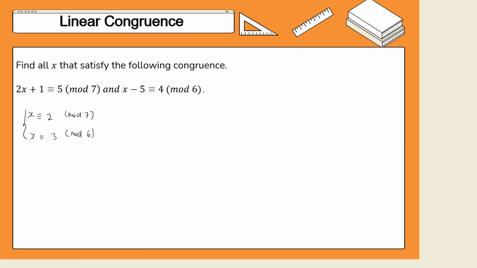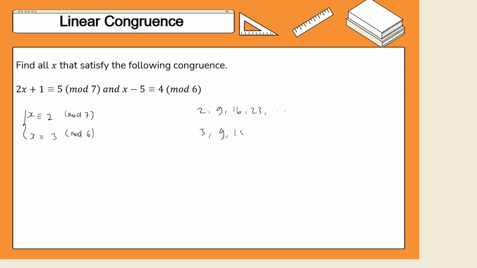If we list them out, 2 modulo 7 is the same as 2, 9, what? 16, 23, and so on. 3 modulo 6 is the same as 3, 9, what else?